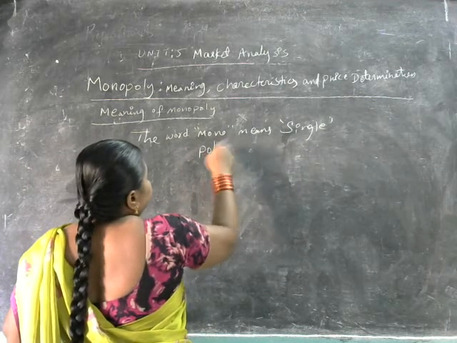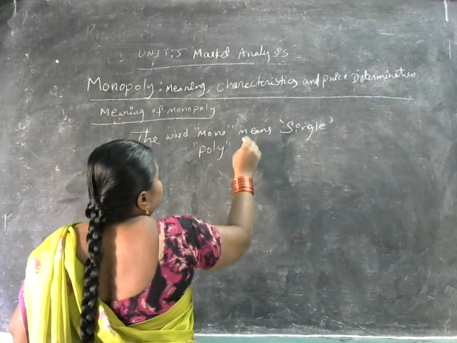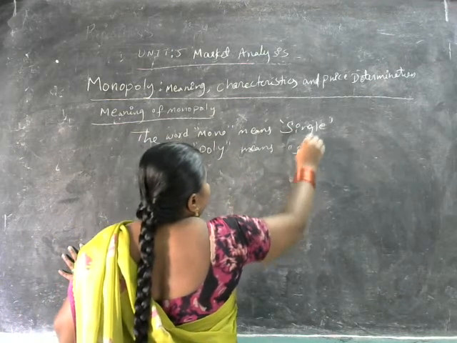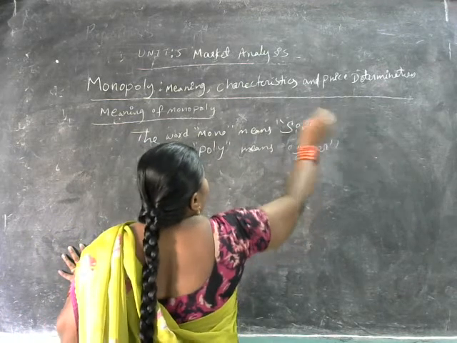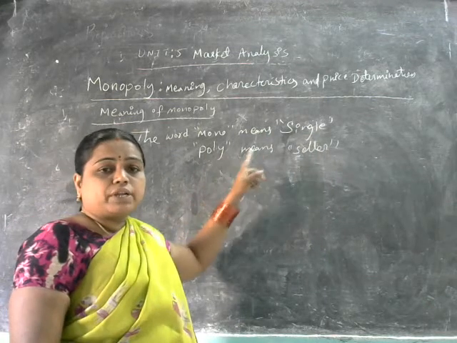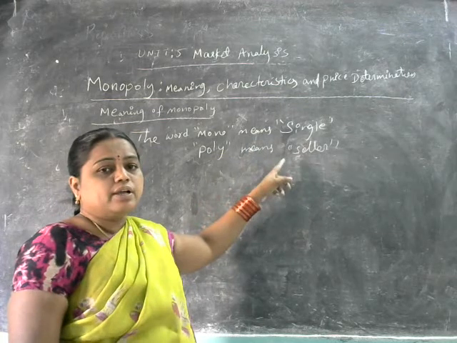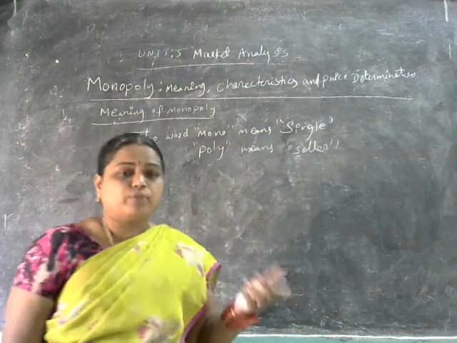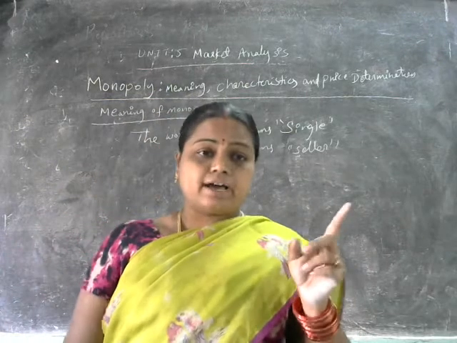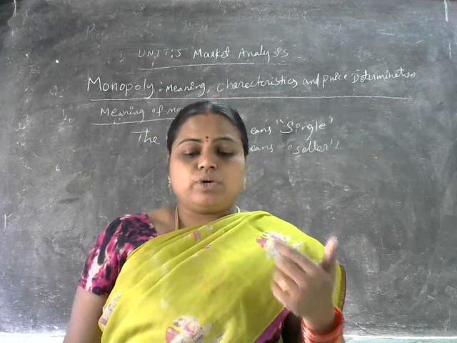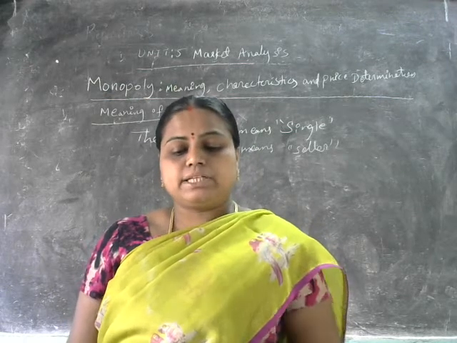So monopoly means a single seller. Only a single seller exists in the market.